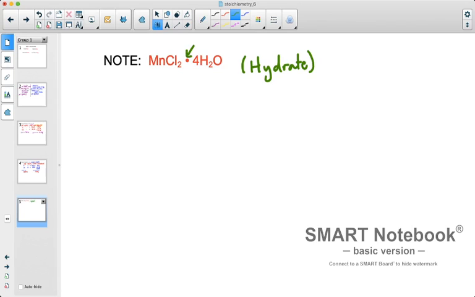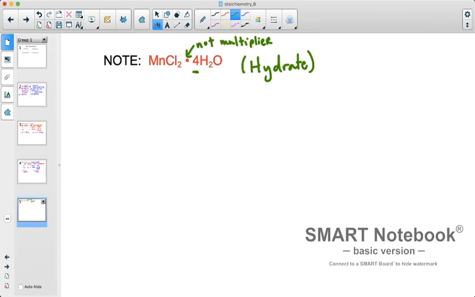It allows us to separate the water from the ionic substance. And it allows the water to have a coefficient in front. So be careful. This is not a multiplier. It's only a separator of the formula.